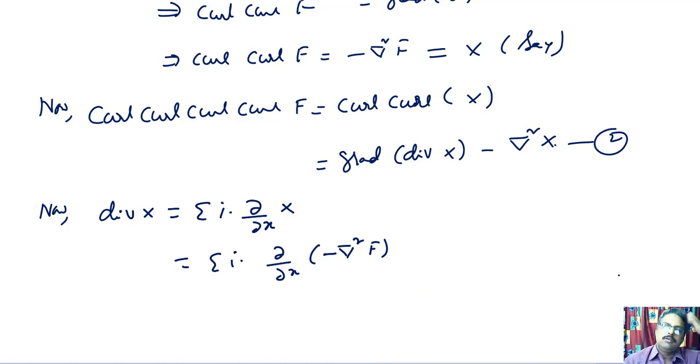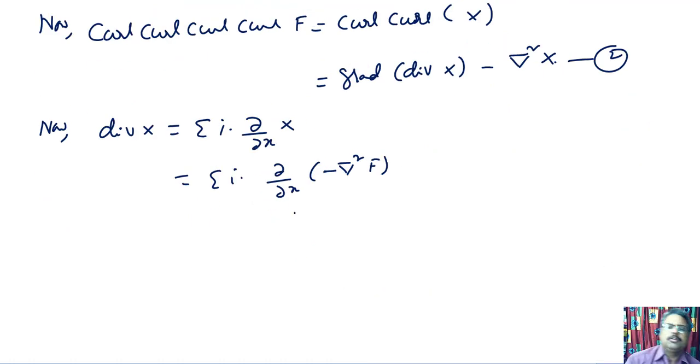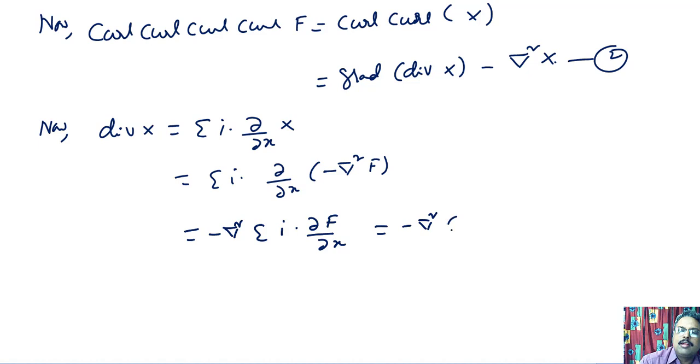Okay, very simple. Now continuation. So if you take common minus del square, what happens? Minus del square into sigma I dot dou F by dou x. Now this is nothing but minus del square divergence of F. Divergence of F is already known to be 0, so minus del square of 0 equals 0.